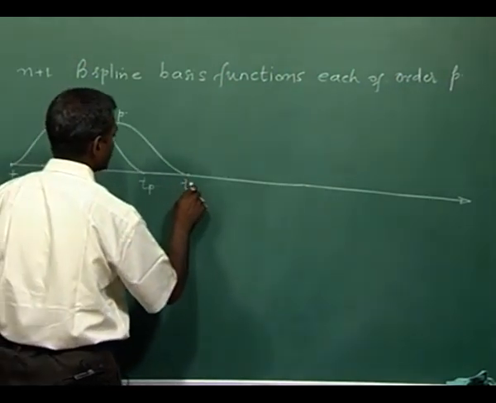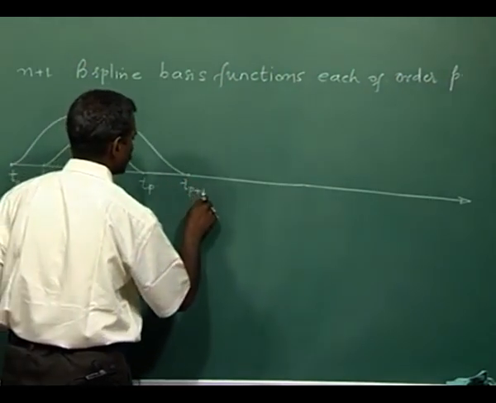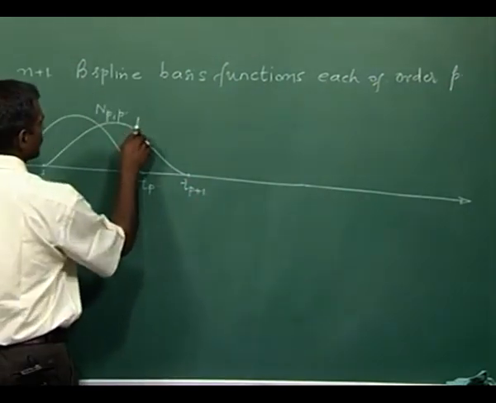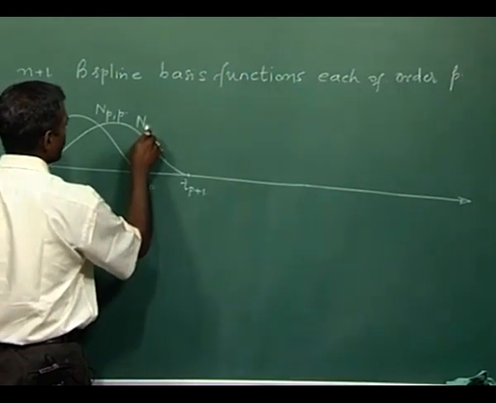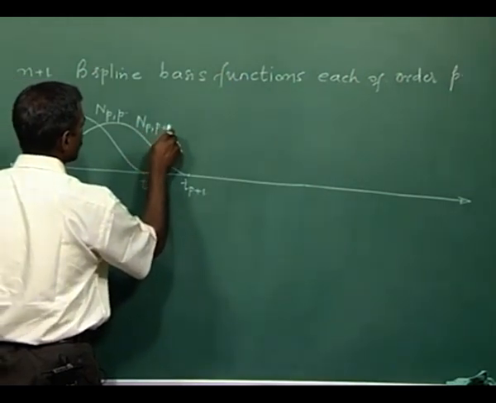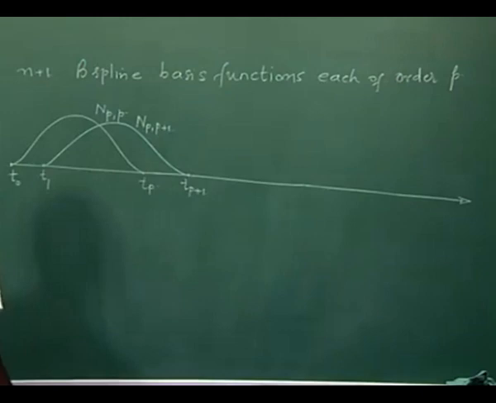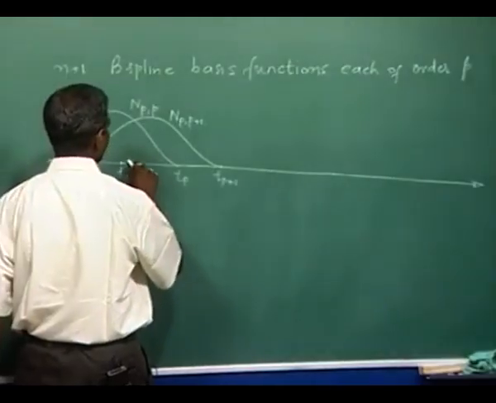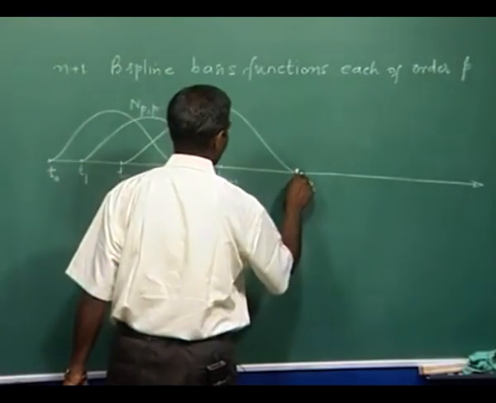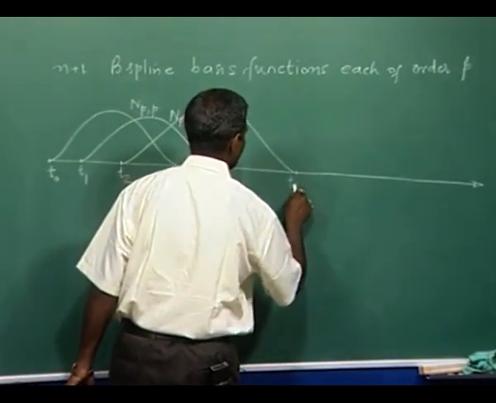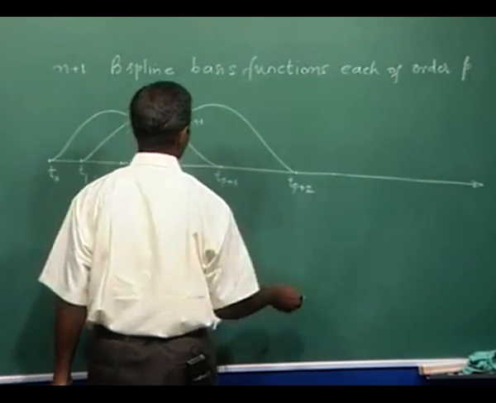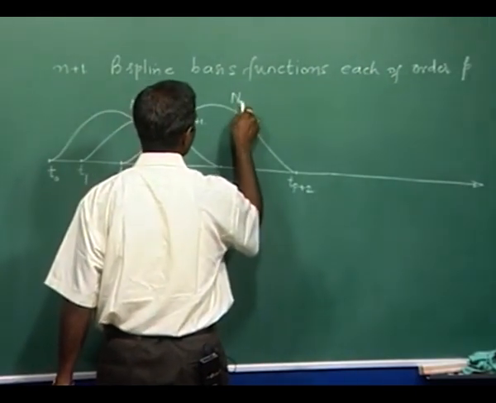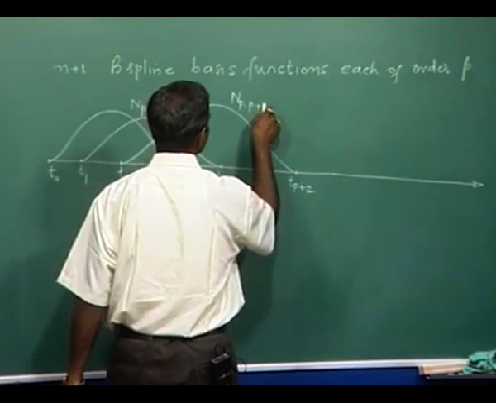It will end at t_p plus 1. This will be nomenclated as N_p,p plus 1. Likewise, the third one starts from t_2, ends at t_p plus 2, and has the name N_p,p plus 2.